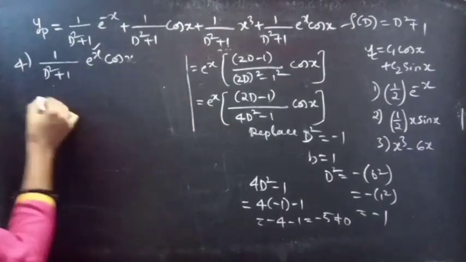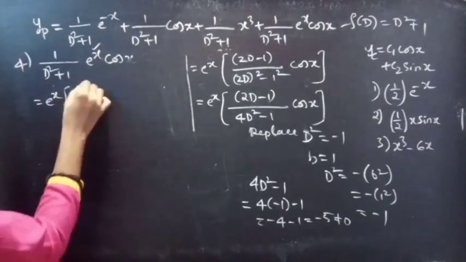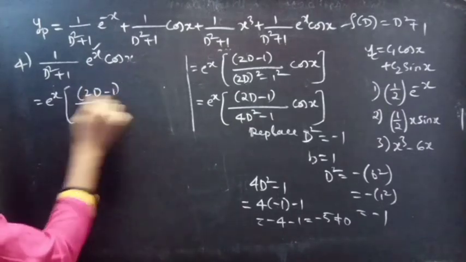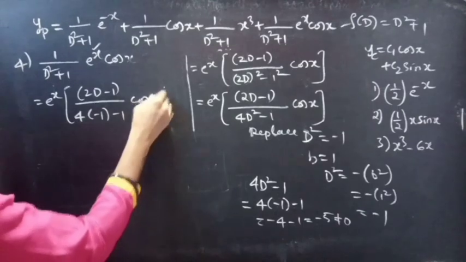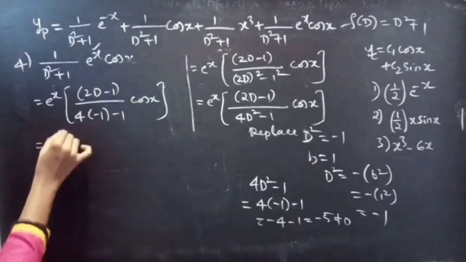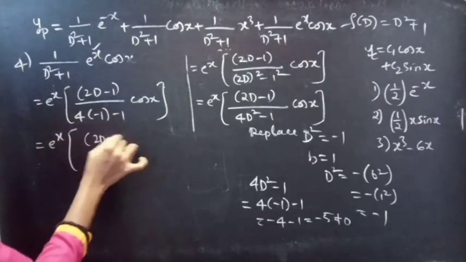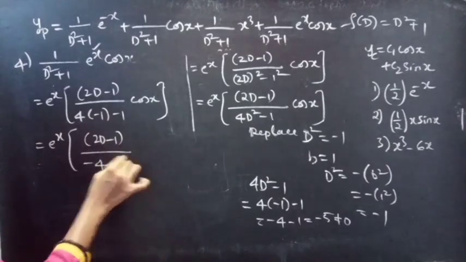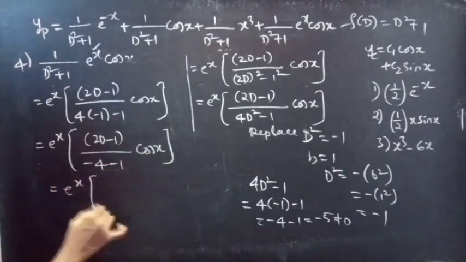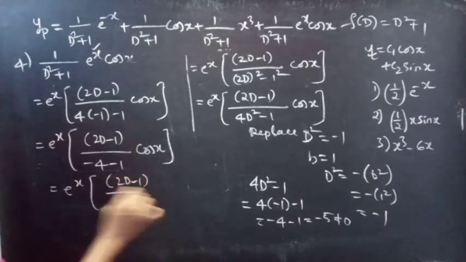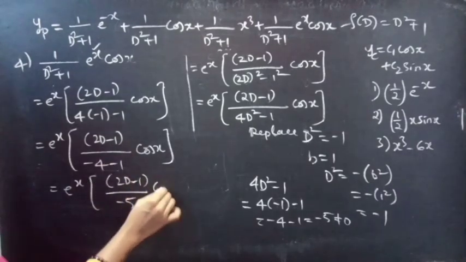Then this becomes e power x into 2d minus 1 by 4 into minus 1 minus 1 into cos x, which is equals to e power x into 2d minus 1 by minus 4 minus 1 is minus 5 into cos x.